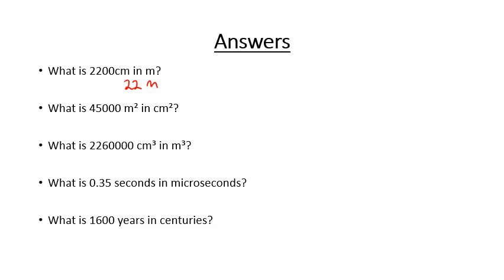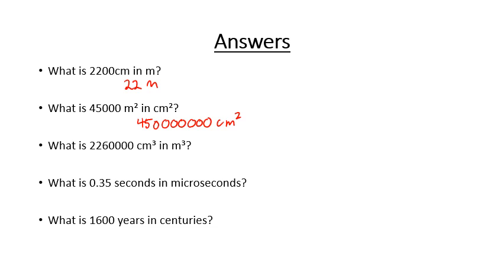In our next question, normally meters to centimeters you times by 100, but in this particular case we're timesing by 100 squared. So we've got 45,000 times 100 squared is going to give us 450 million centimeters squared.